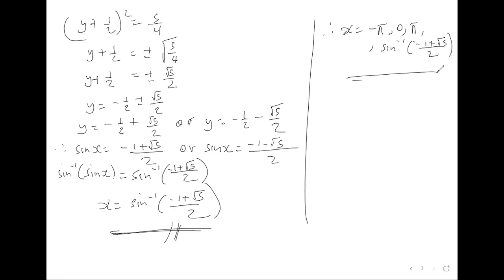So these are the values of x required. We are not allowed to use a calculator, so we just have to end here for this part. Okay, any question on this one?